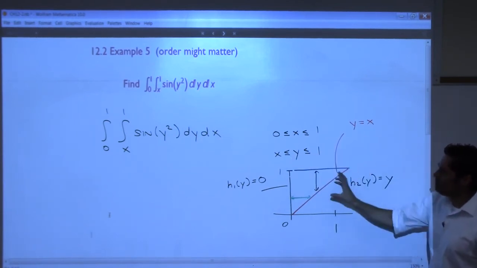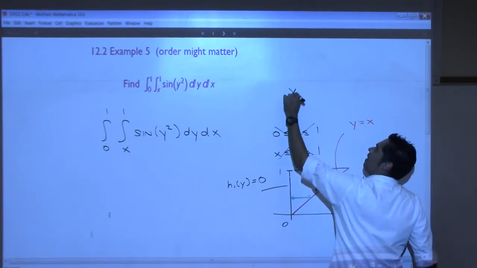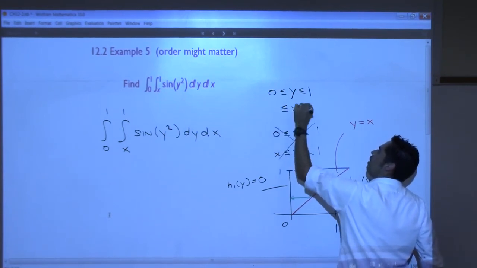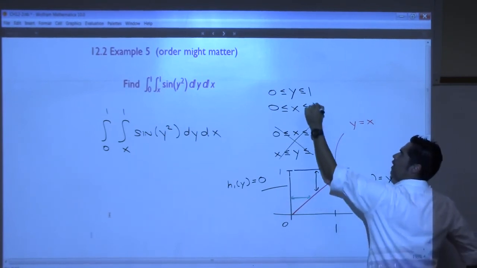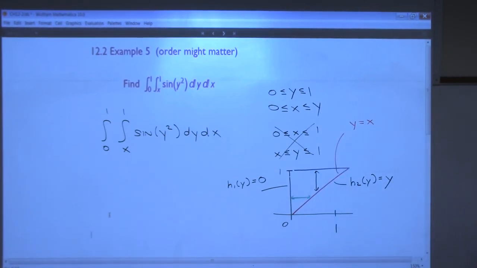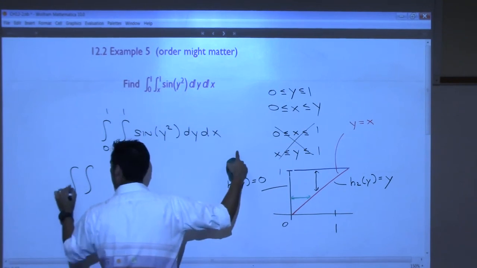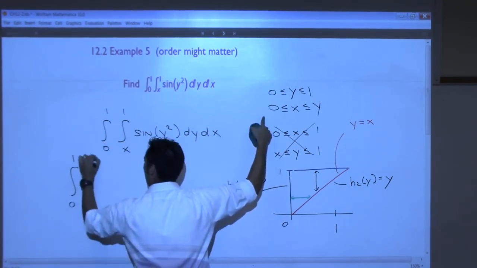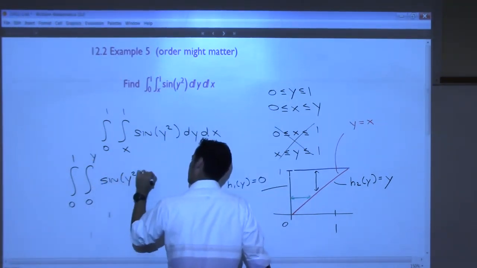So I can draw the same exact region, get the same exact answer, if instead of this, I go y is between 0 and 1, and x is between what this time? 0 and this side, y. Do y'all see that? That's pretty clever, right? Switch this over, double integral, 0 to 1, 0 to 1, 0 to y, and then the same integrand, switched.